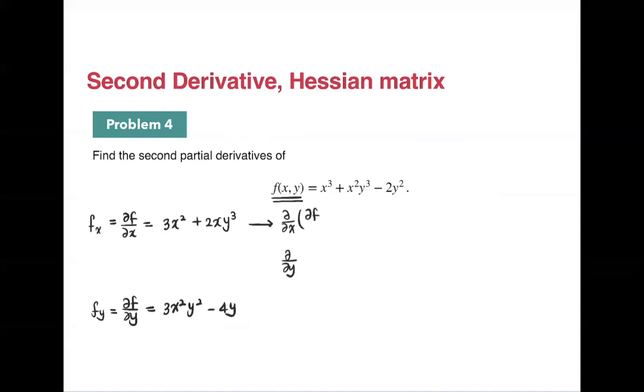So we can differentiate df/dx with respect to x and y, respectively. So it is the second derivative, and since we know that df/dx was 3x squared plus 2xy cubed, we have 6x plus 2y cubed.